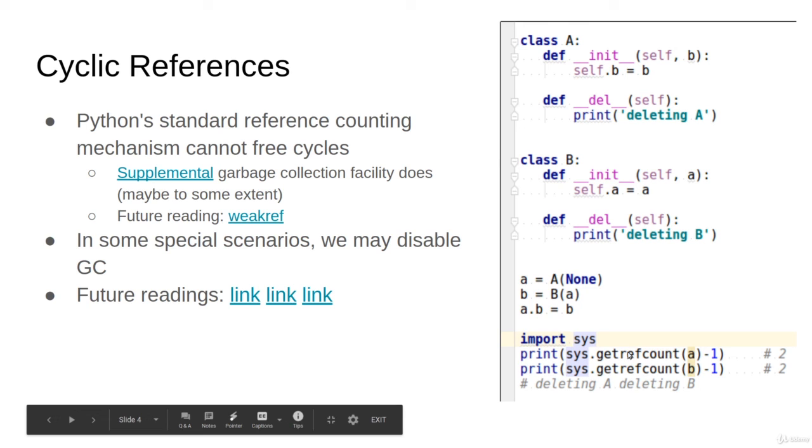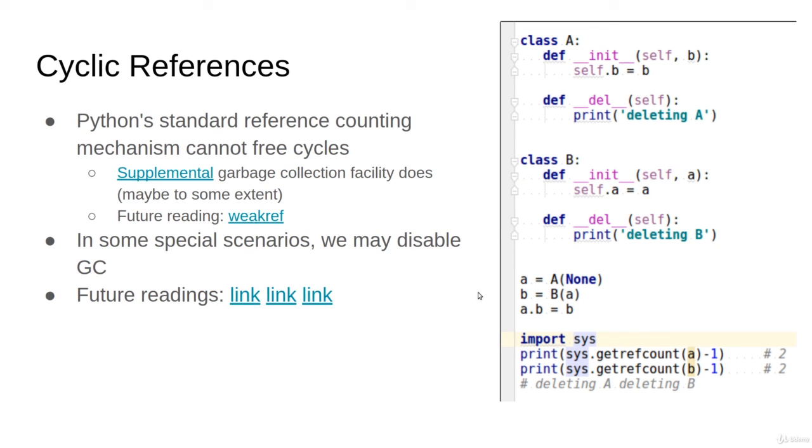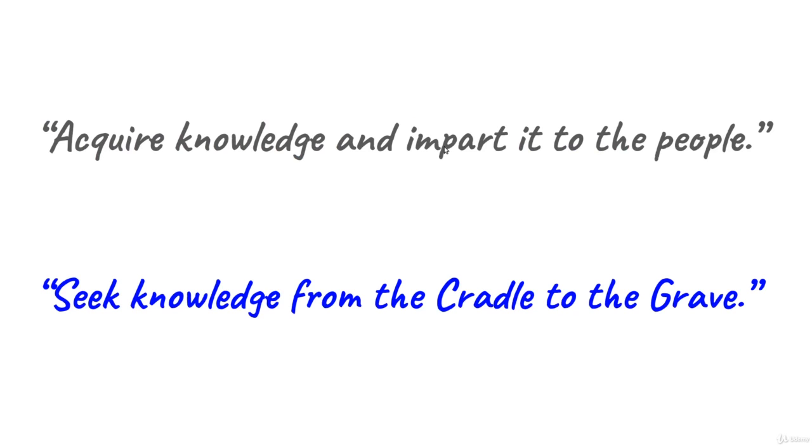Why? Because the function now itself has an a, so now there are 3 references to a at this moment. That's why I'm subtracting here the 1. The get reference count will tell you how many objects are referencing your object at the moment. As you see, we have here 2 and 2, and this is actually a cycle, but with modern Python versions, you will notice that this isn't causing a problem as far as I understand. That's all.